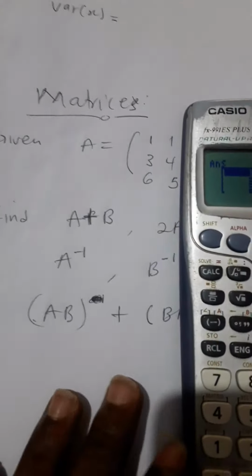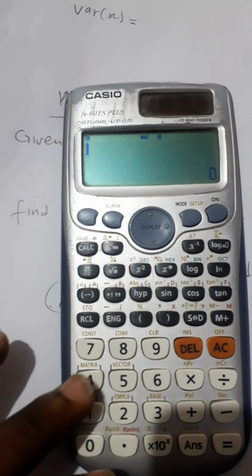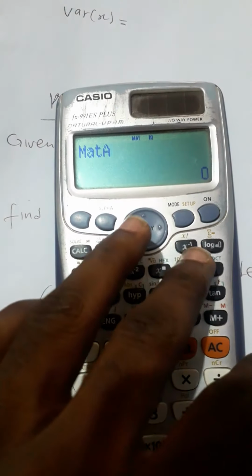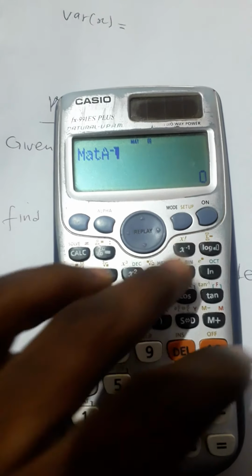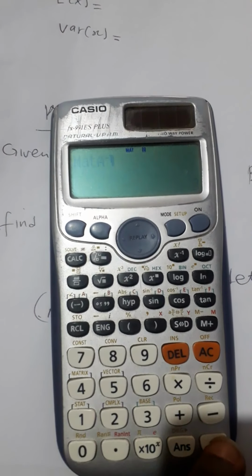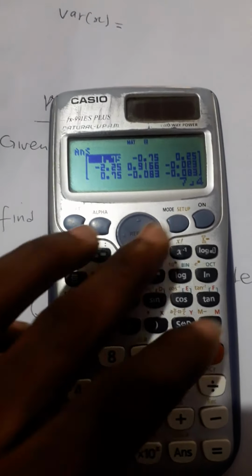Now the next one is we are supposed to find matrix A inverse, right? So shift plus 4 like we did, then 3 matrix A. Now the inverse is here. Come to the inverse here, and I hope you can see that x to the power negative 1. And now we have matrix A inverse to be 7 over 4.